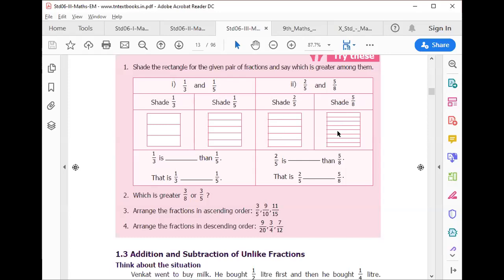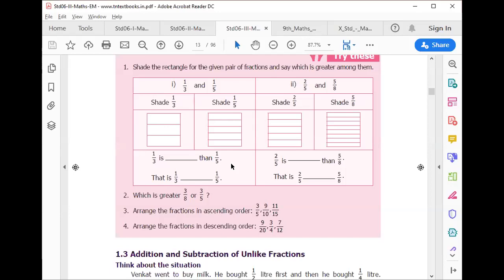Once you shade that, it becomes obvious which is more and which is less. So they're using the strip aspect or even the square aspect in figuring out which is more and which is less. Also note, this way you can figure out which is more, which is less, but you don't know how much more or how much less. When you shade and do it nicely, you don't need to go to the equivalent fraction part.